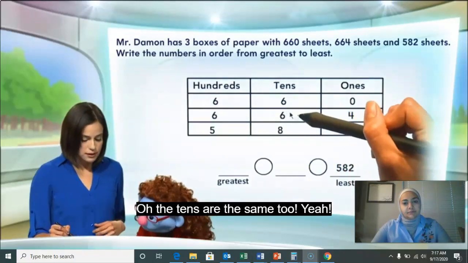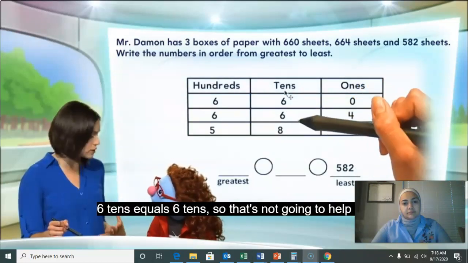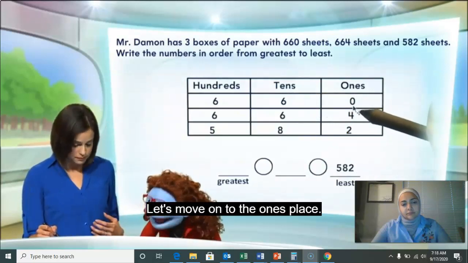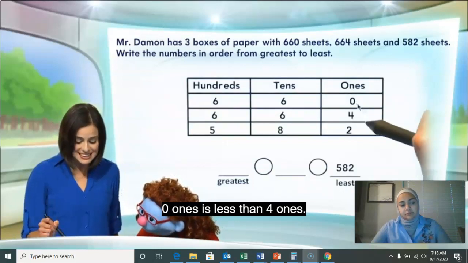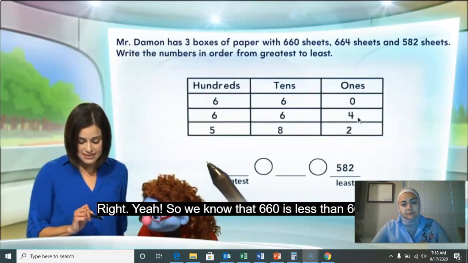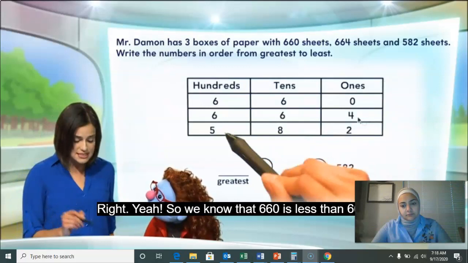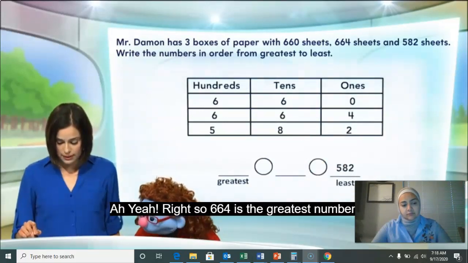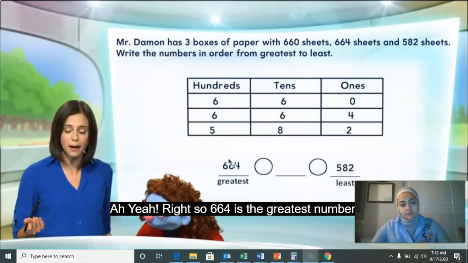Oh, the tens are the same too. 6 tens equals 6 tens, so that's not going to help us. Let's move on to the ones place. Oh, that does help. 0 ones is less than 4 ones. So we know that 660 is less than 664. So 664 is the greatest number.